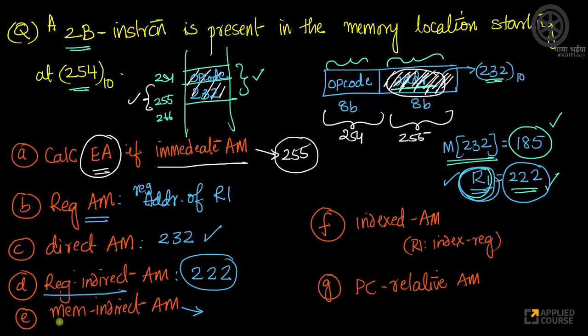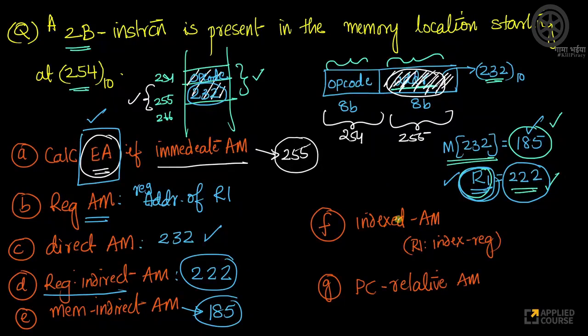How does that work? It works like pointers. So 232 is here. Where does 232 point to? If I go to memory location 232, I see 185. In memory location 185 is my data. So my effective address in this case is 185. Remember, effective address is the final address where your data resides. That's very important to understand.